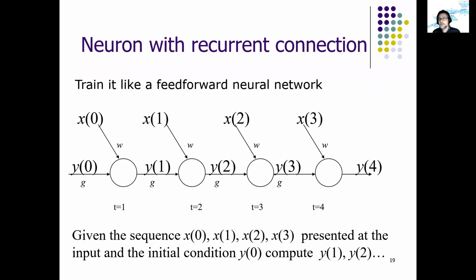And we can compute a sequence of outputs, y1, y2, y3, y4. Since it can be represented as a feed-forward neural network, someone could use techniques like backpropagation to train it. It will be much more complicated than a normal network because we have this unfolding, but it can be done with this technique.